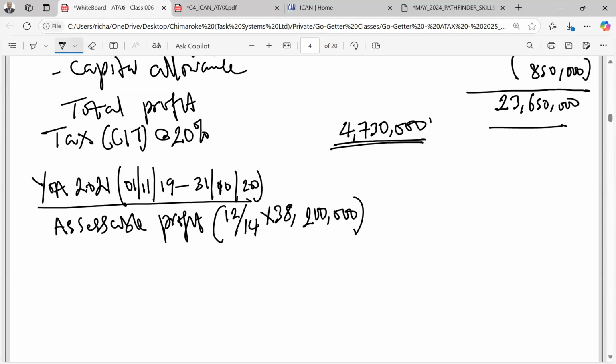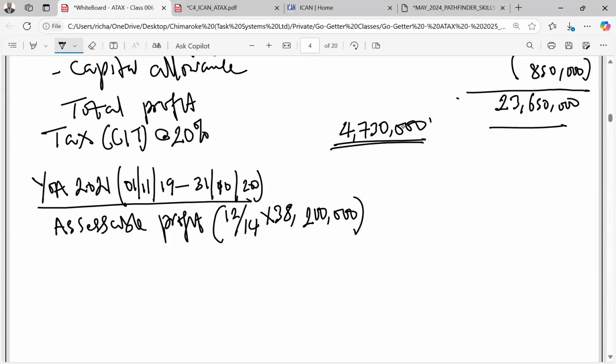Others in the house can participate and drop figures. Okay, so that's 30,560,000. Ah, no, sorry. I did 12 over 15 instead of 12 over 14.